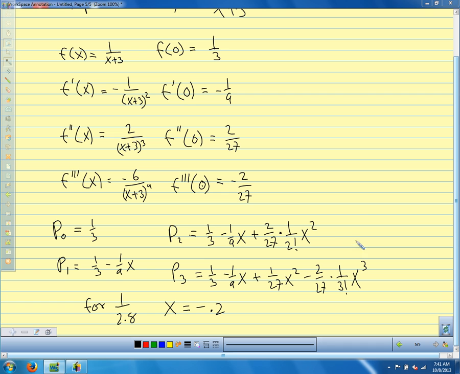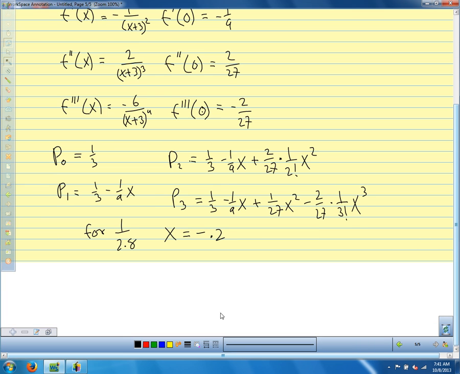And when I plug that into this series, for this approximation, P3 of negative 0.2 gives me about 0.3571.